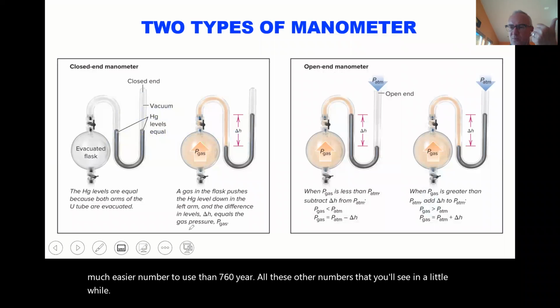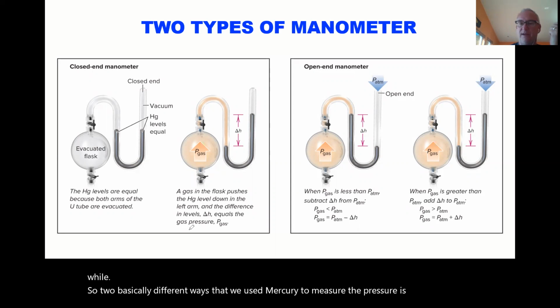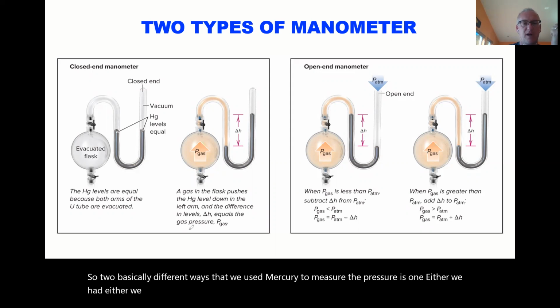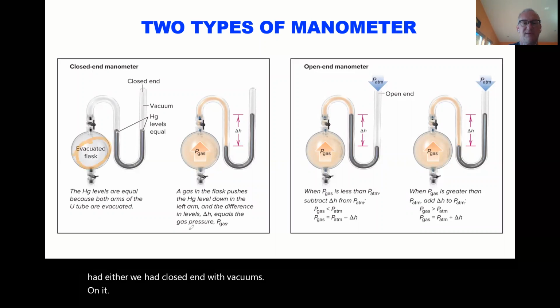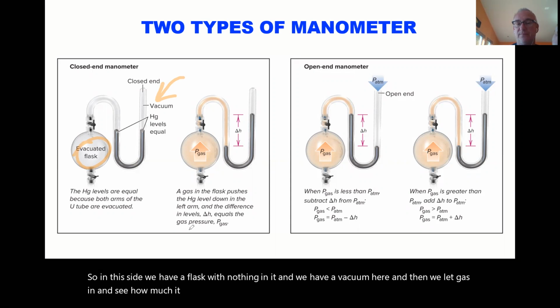So 2 basically different ways that we used mercury to measure the pressure is 1, either we had closed end with vacuums on it. So on this side we have a flask with nothing in it, and we have a vacuum here. And then we let gas in and see how much it pushes this column of mercury.